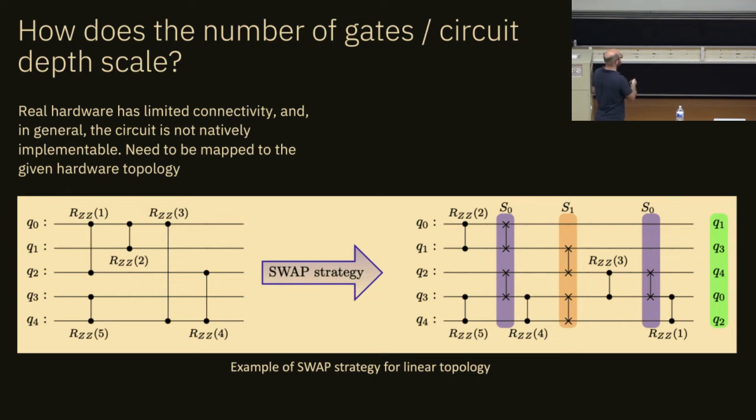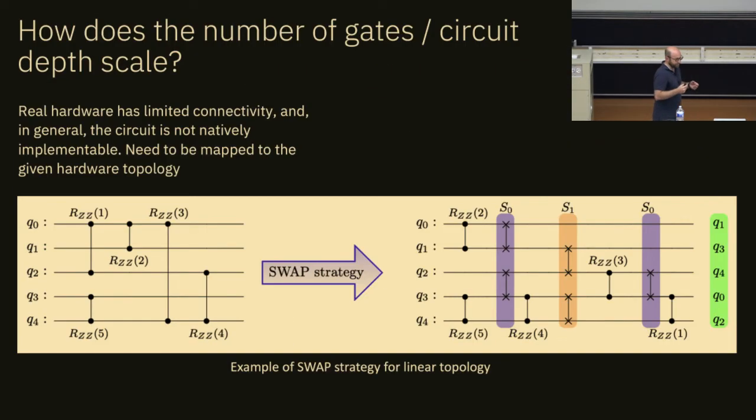Then we swap these gates. Then we can apply this one. We swap these qubits, and so on. But these swap gates really need to be considered because they blow up the depth. A nice thing is that the swap gate and the ZZ rotation have some neighboring CNOT gates and they cancel out. So this you can use to reduce the depth of these operations here.